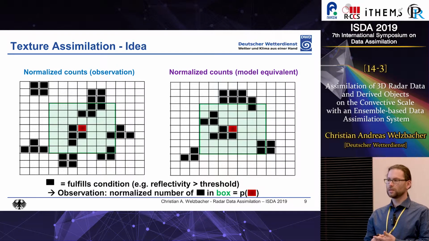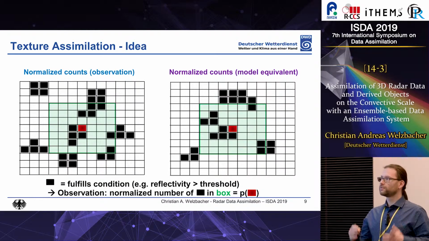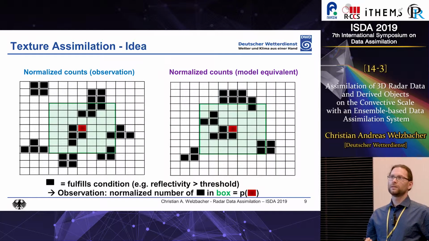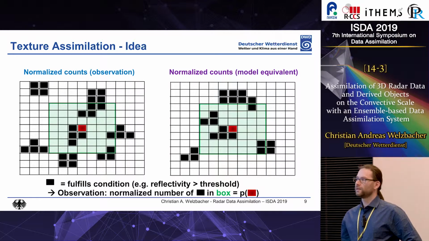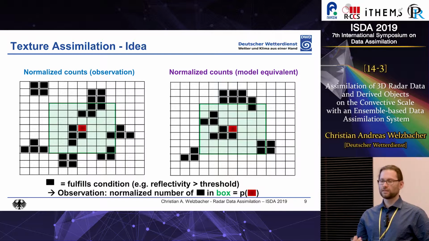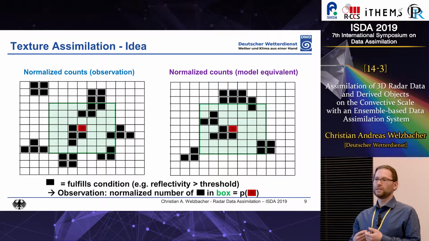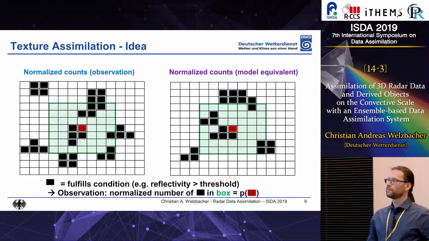So in some sense, I blur out my information, or I average it again in the box. This is inspired by the idea that we don't expect the model to resolve precipitation directly at the same point as in the observation, but we give it some possibility to be at least close by.